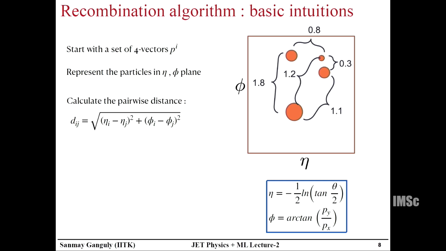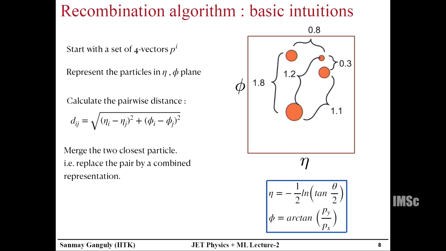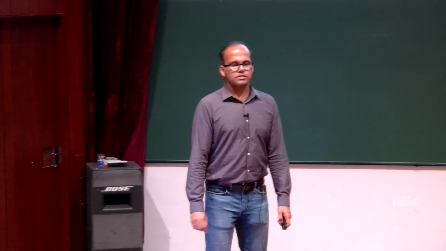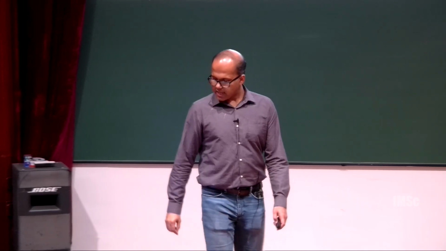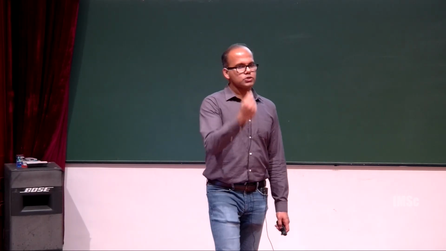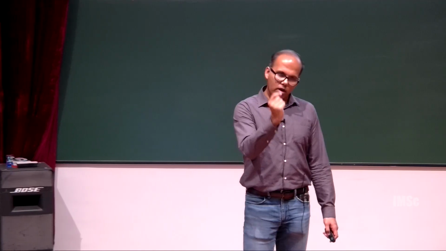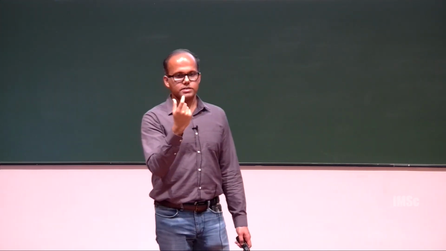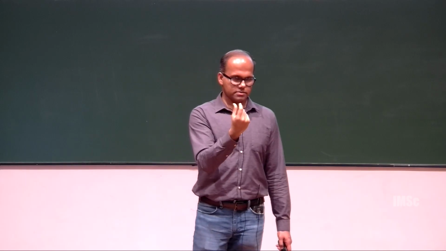So now those particles which have the lowest value of this pair distance Dij, let's club them, in the sense that when we merge two particles, we call it one particle, and that one particle has a 4-momentum which is a combination of the merger.